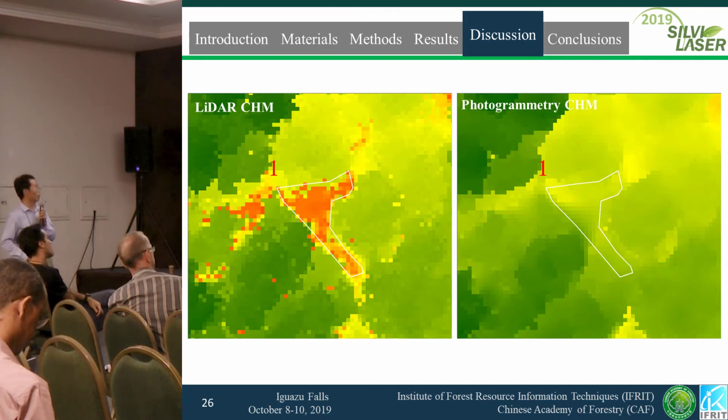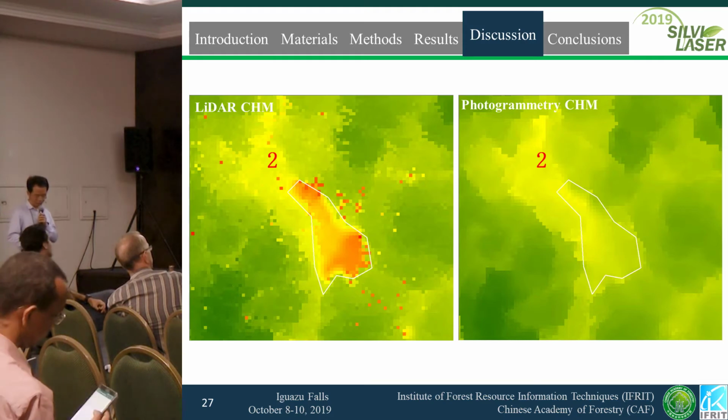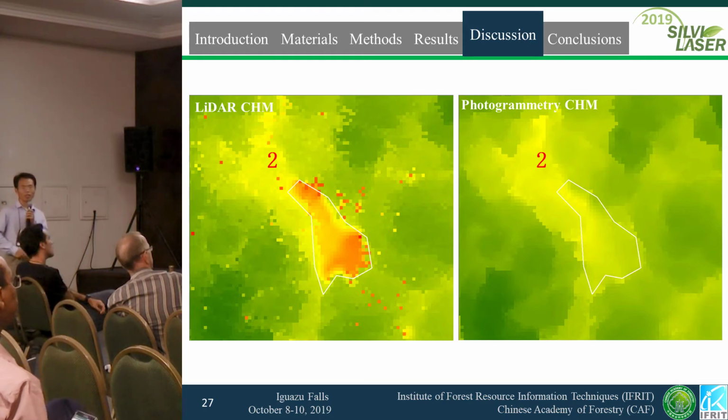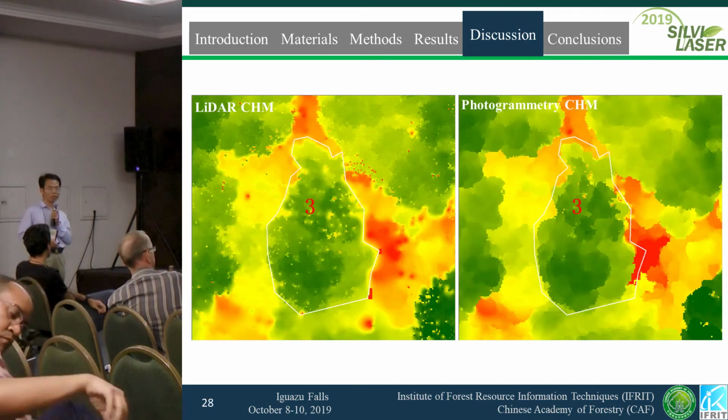Another example is this site, where the small gaps between crowns were also filled by the photogrammetry. So if we only consider this situation, the photogrammetry CHM-based CC should be higher than LiDAR, but in fact it's the inverse.